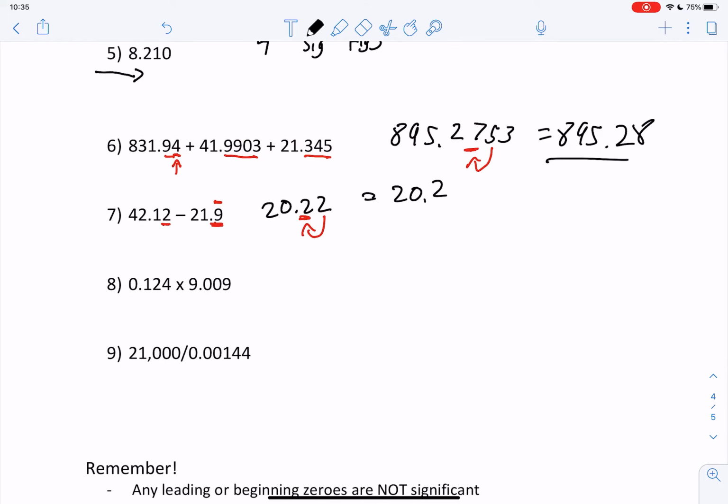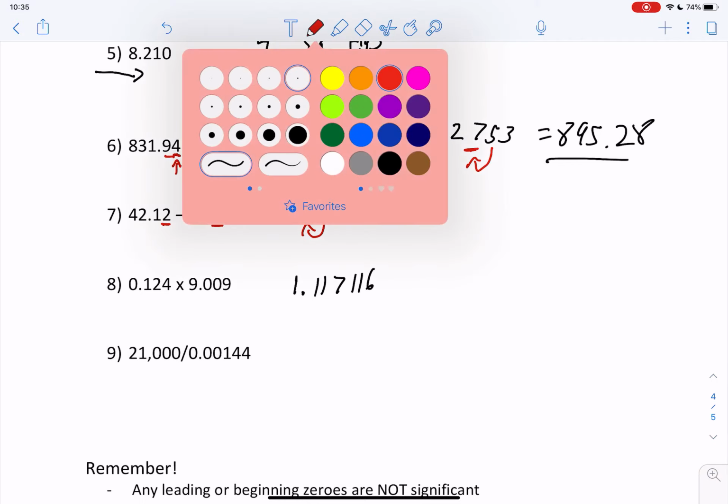Number 8, multiplication, 0.124 times 9.009. You put that in the calculator, you get 1.117116. Then we check how many significant figures each number has.